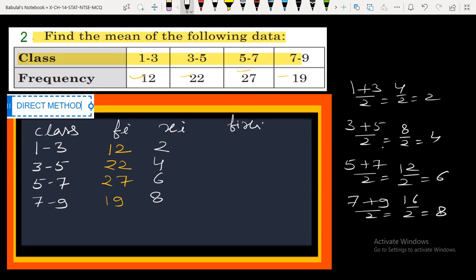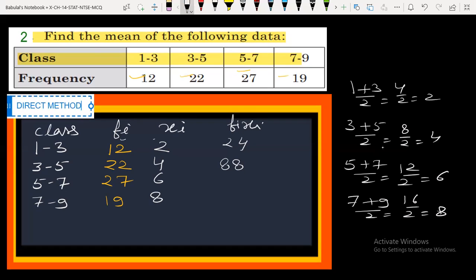Now, in the next column, fi into xi means multiply frequency with the corresponding class mark. Frequency को उसकी corresponding class mark से multiply करेगा. देखिए, 12 into 2, that is 24, right? And next is 22 into 4, this is 88.